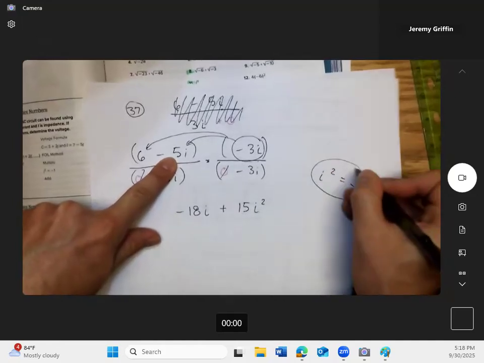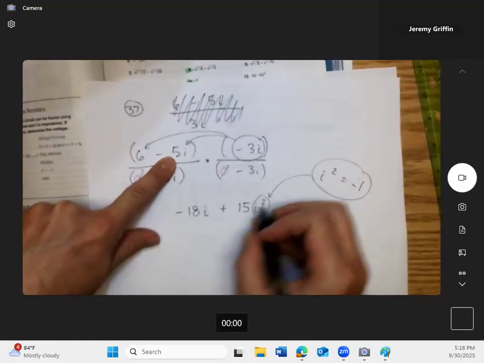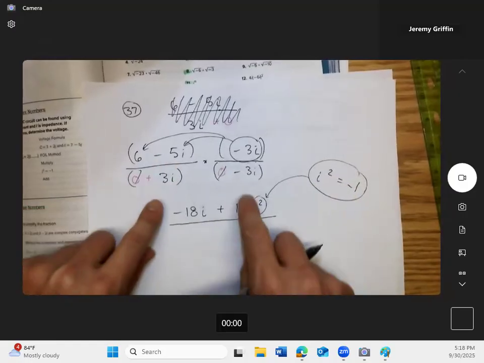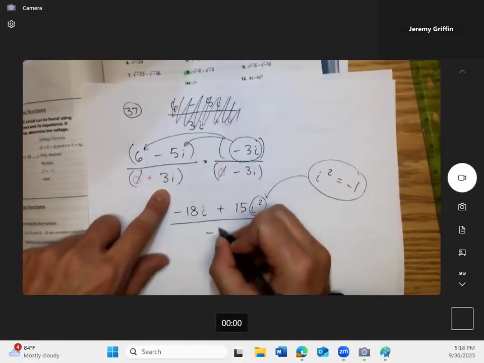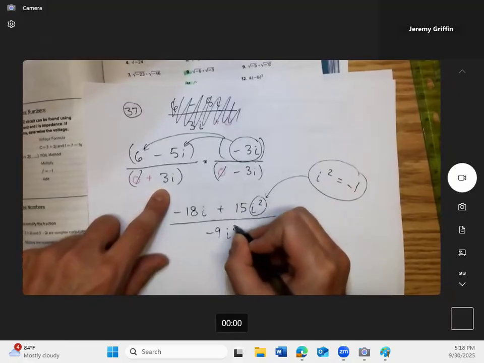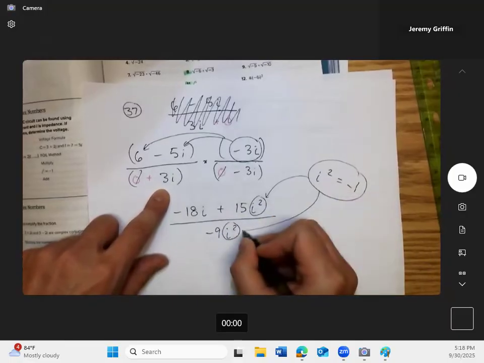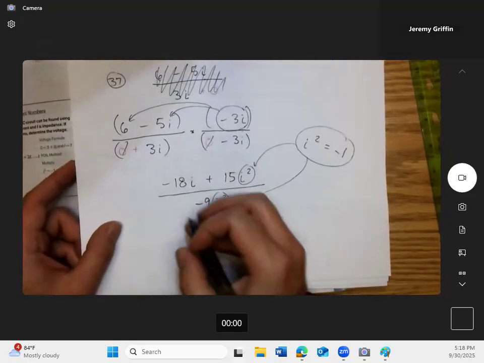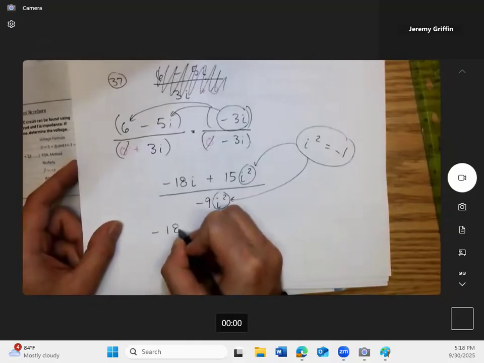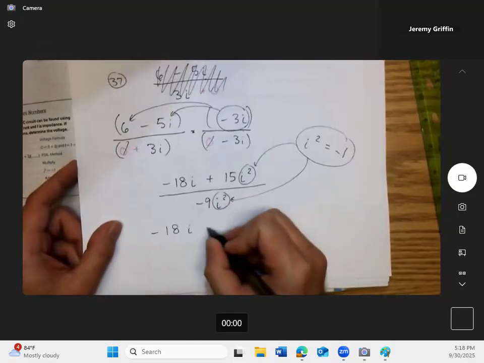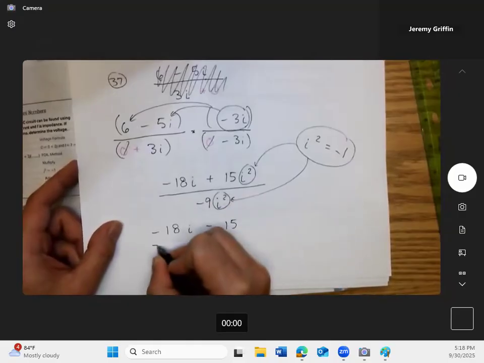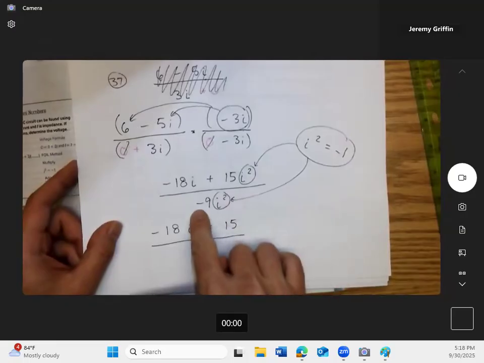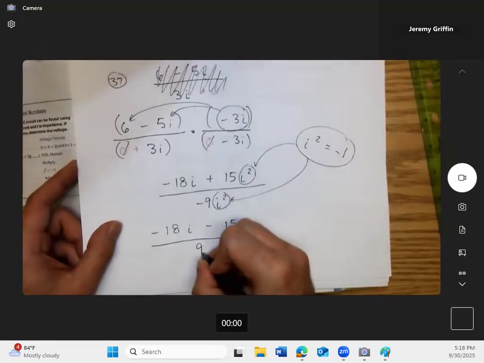But I'm not finished yet. So about the denominator, that's negative 9i squared. So got negatives flying all over the place. So it's negative 18i, this is minus 15, all divided by, well, negative 9 times negative 1 is positive 9.